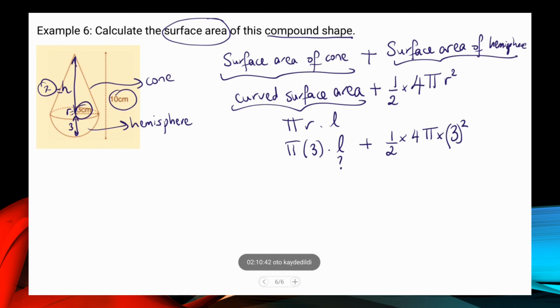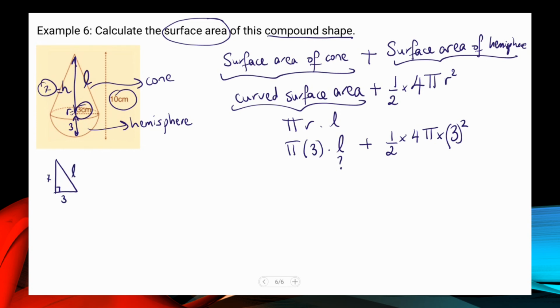Okay, let's go back to your figure to see where l is. l is the slant height, and within the cone we have a right angle triangle. This is the radius, this is the height, and l is here.